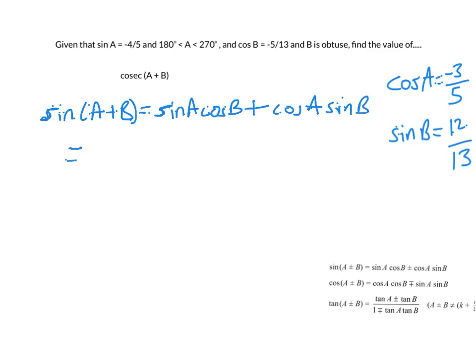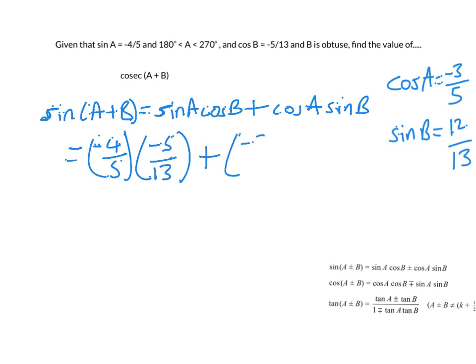So sine of A, negative 4/5. Cos B, negative 5/13. Cos A, negative 3/5. Sine of B, 12/13.